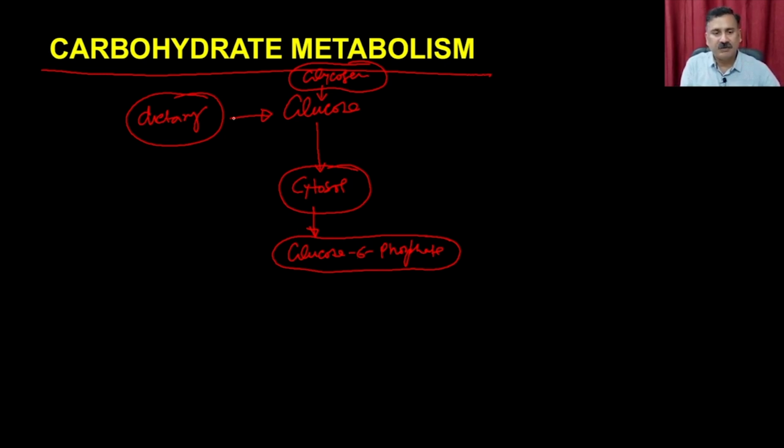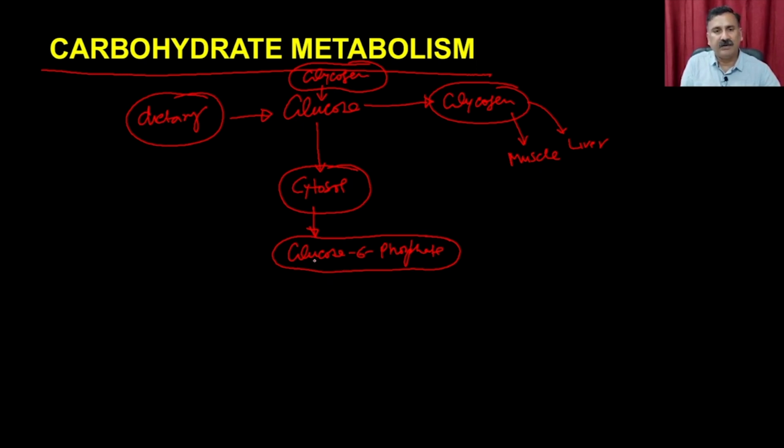Because glucose, which you are getting from the dietary source, can get into the anabolic reaction, and can produce the glycogen, so that glycogen is going to be stored in the muscles as well as the liver cells. But as soon as this glucose is converted into glucose 6 phosphate, it is going to be committed for energy production.